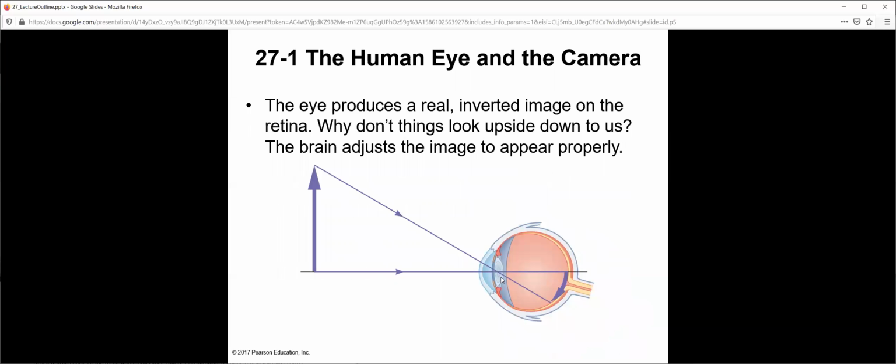So the eye produces a real inverted image on the retina. Why don't things look upside down to us? Well, because the brain knows the eye produces an inverted image and adjusts it accordingly. As you can see here, the image is that large purple triangle outside the eye, and then what is shown on the eye through the cornea and the lens is inverted and of a different size, and the brain then adjusts it back accordingly.